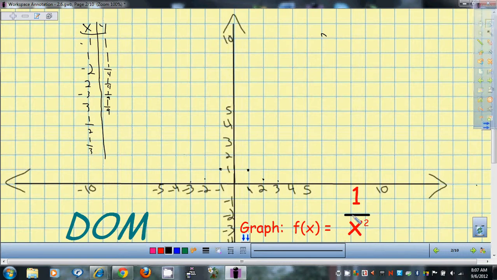You plug 1/2 into this, that's 1 over 1/2 squared, which is 1/4. 1 divided by 1/4 is the same as 1 times 4 over 1, so that would be 4. And by that same logic, you can go ahead and assume that that was 9. So, 1/2, 4, 1/3, 9. It's going to look the same over here.